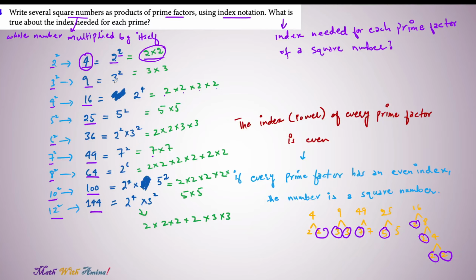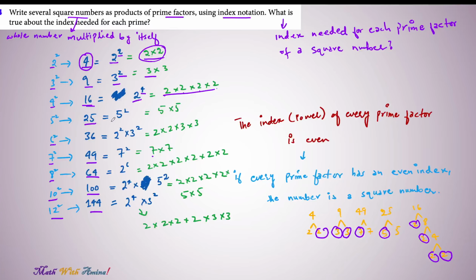The same is with this 3. For the square number 9, 3 would be the base and the index would be 2. For the square number 16, we will write 2 as the base and 4 as the index, looking at the product of prime factors expressed here.